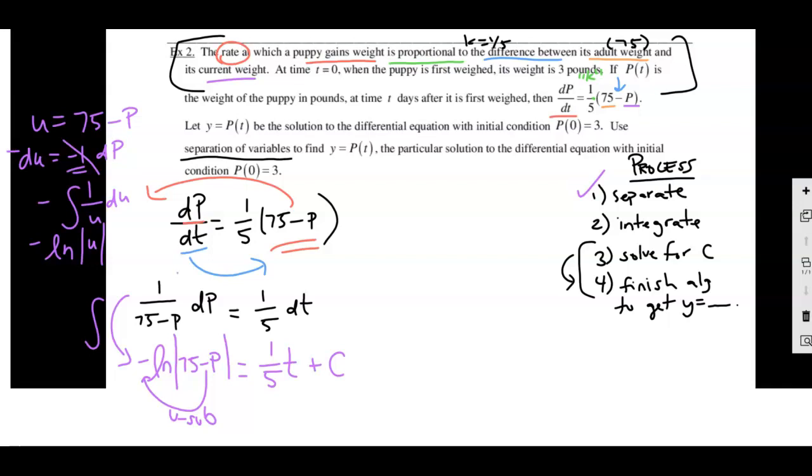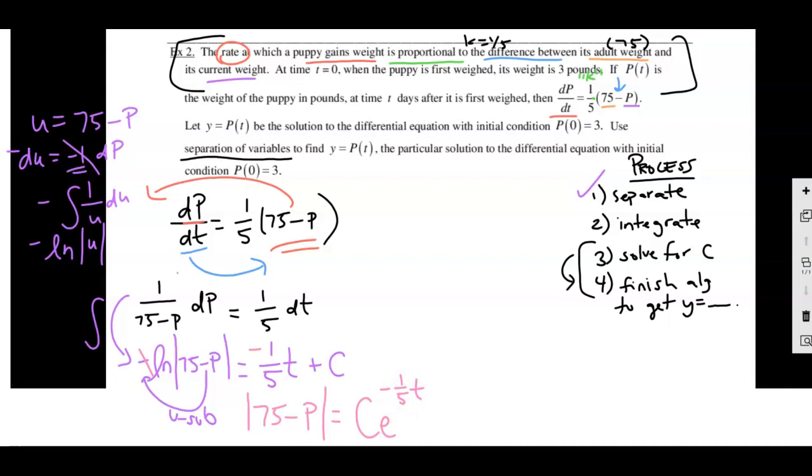Alrighty, so now the next step would be to move that negative over, and then we're going to exponentiate. So I'll have 75 minus p is equal to c e to the negative 1/5 t.